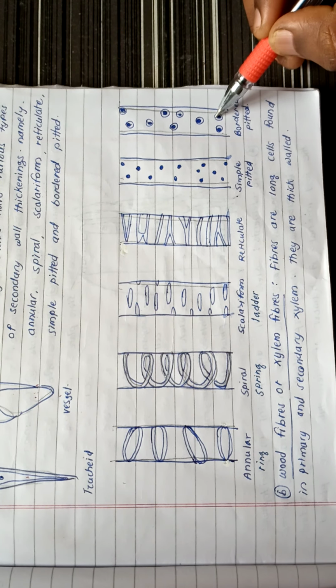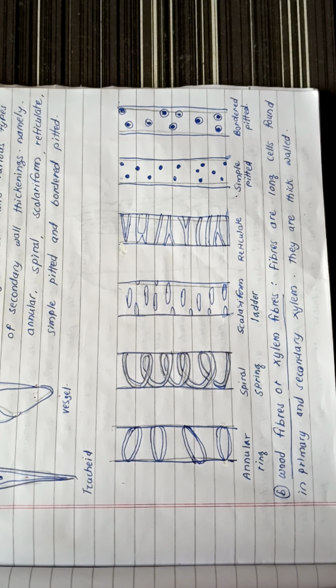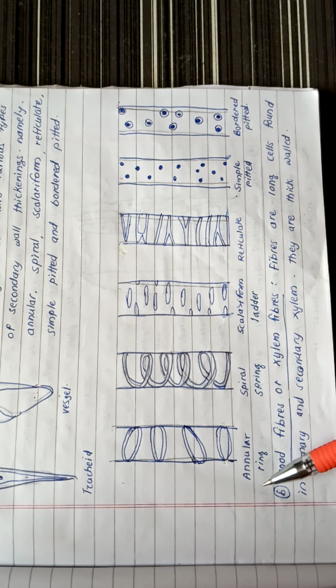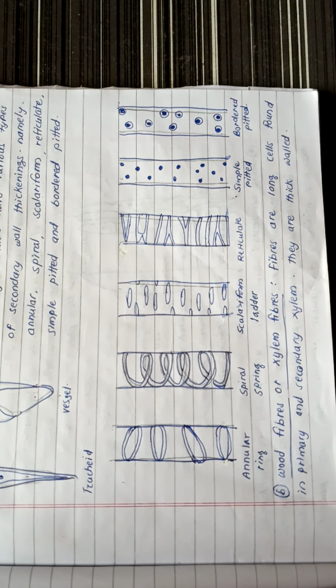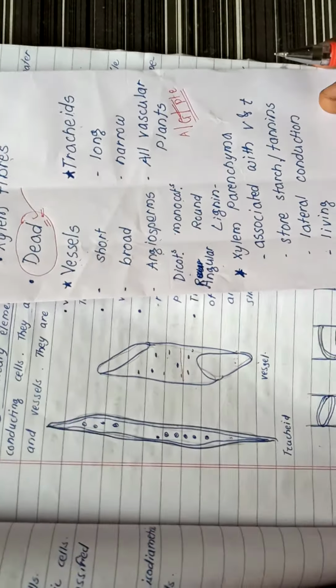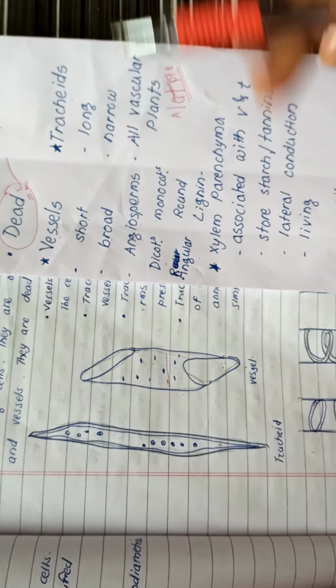Here the pits are bordered pits. So these are the different types of thickenings present in the vessels and tracheids. The function of vessels and tracheids is conduction of water.